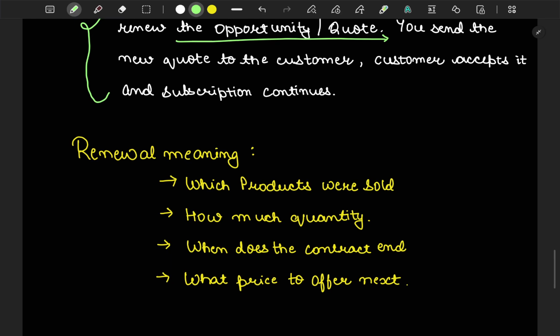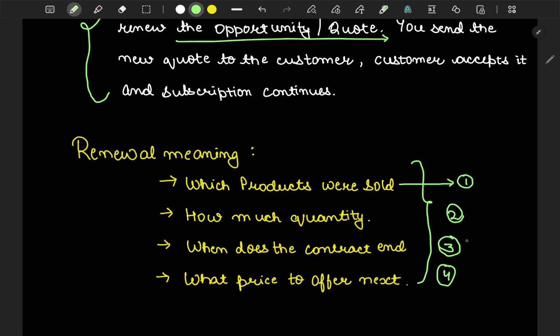See, renewal means that when we are working with CPQ, we know which products we sold, this is our first pointer, and how much quantity of those products we sold back then. It also tells us when our existing contract with the customer is ending and at what price to offer next.